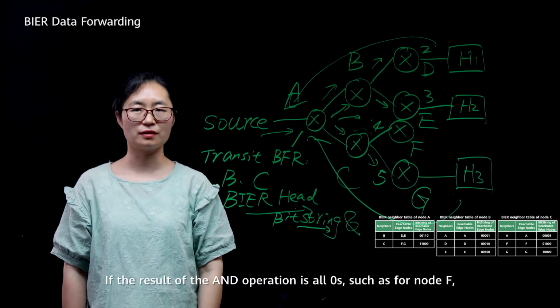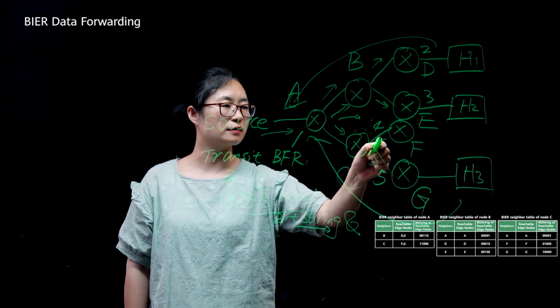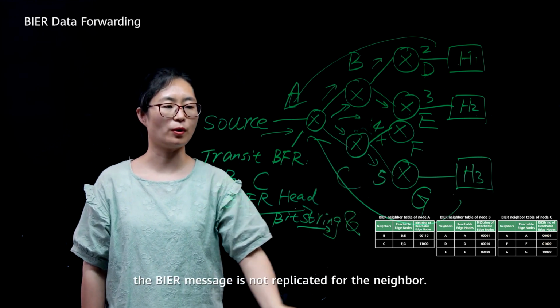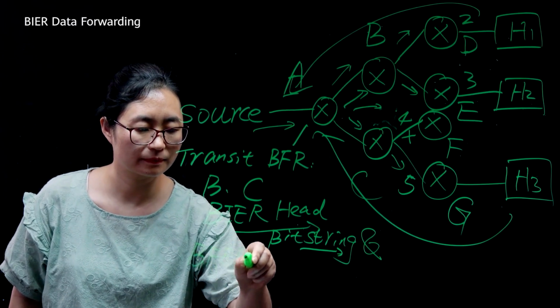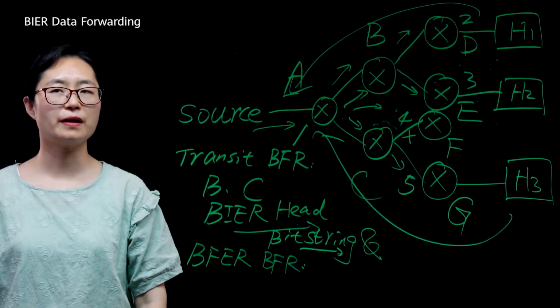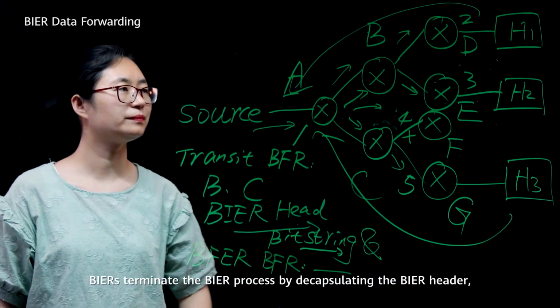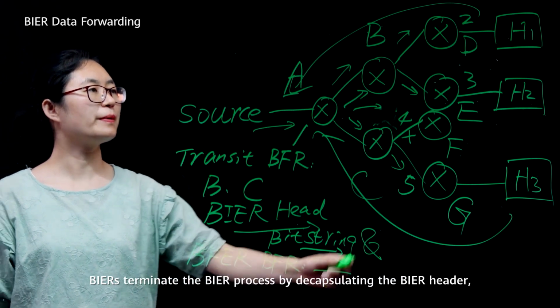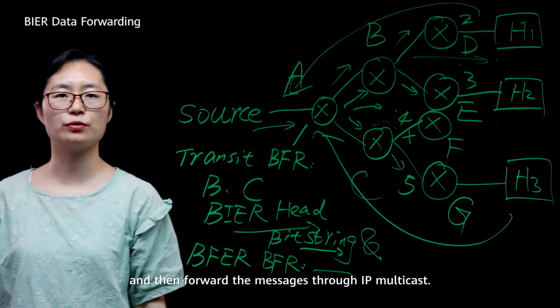If the result of the AND operation is all zeros, such as for node F, the BIER message is not replicated for the neighbor. After receiving the BIER messages, BFERs terminate the BIER process by decapsulating the BIER header, and then forward the messages through IP multicast.